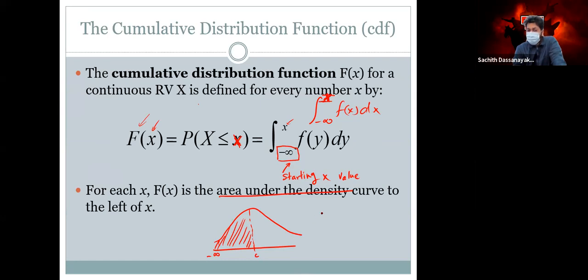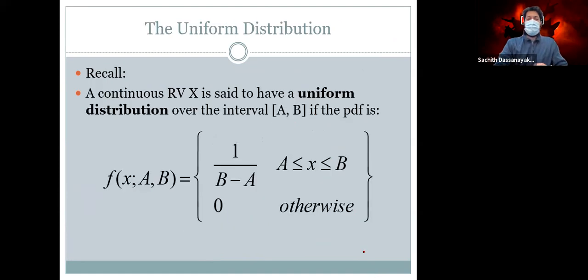Which means negative infinity to c of f(x) dx, if my function is f(x). This is the CDF, what we are talking about here. Again, what is the total probability? I mean, from negative infinity to positive infinity, it is 1, right?